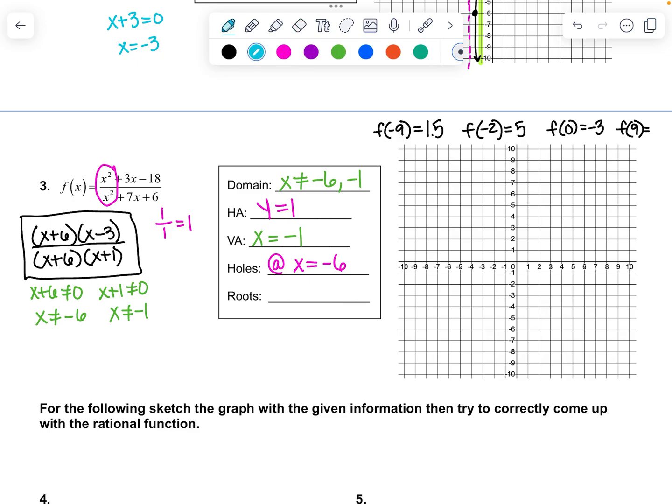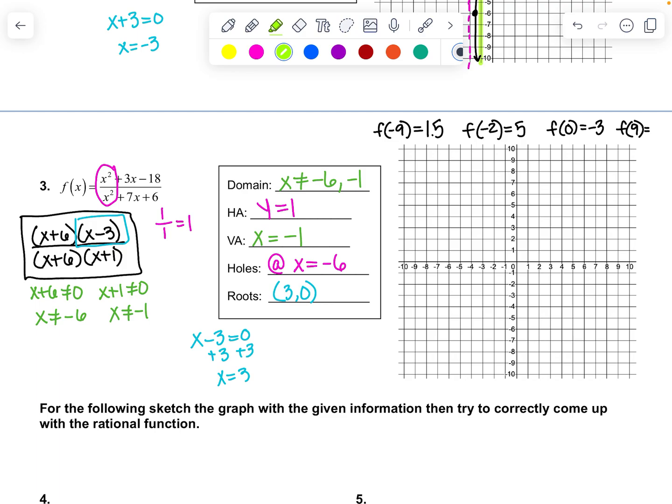And for the roots, we're left with the only factor in the numerator, x minus 3 equals 0. We solve, and I have x is equal to 3. So I have (3, 0) for the root. Okay, so reference those rules every time.